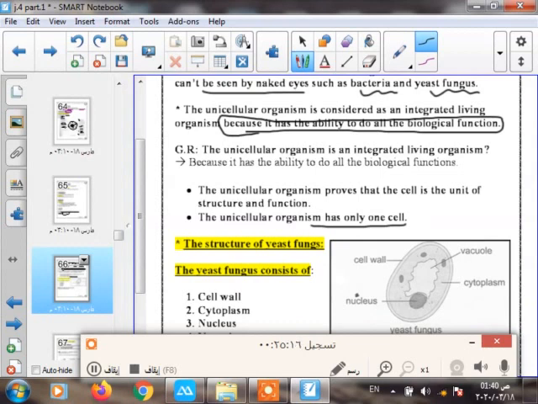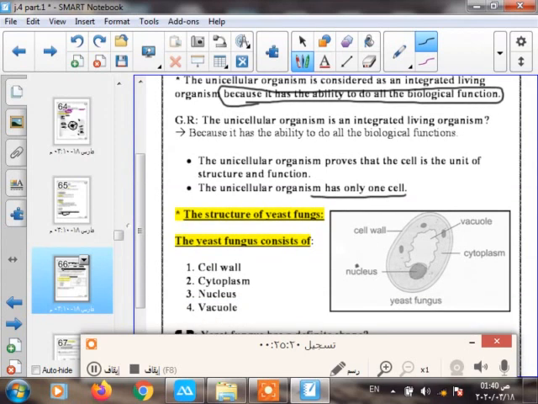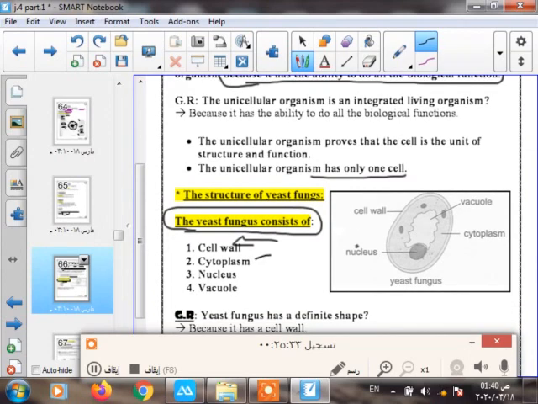We have an example of unicellular living organisms such as yeast fungus. Yeast fungus is a unicellular living organism which consists of a cell wall. Since it has a cell wall, it has a definite shape. The outer surface is called the cell wall.